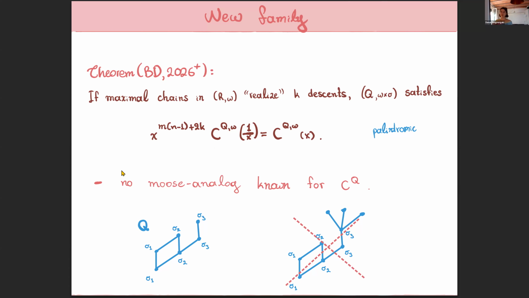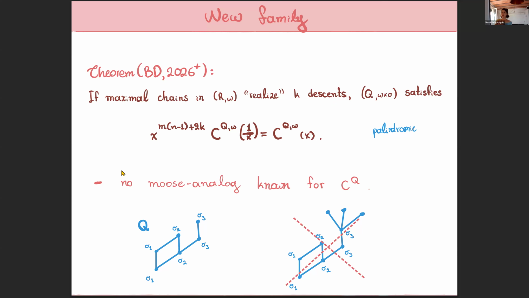So again, of course, we need to specialize in the case where the poset R that we multiplied with our chain is gonna have at most k descents in each of its maximal chains when realized as a linear extension. But anyway, the same results hold, and it turns out to be palindromic. But we used a different technique to show this, sort of by bijection.